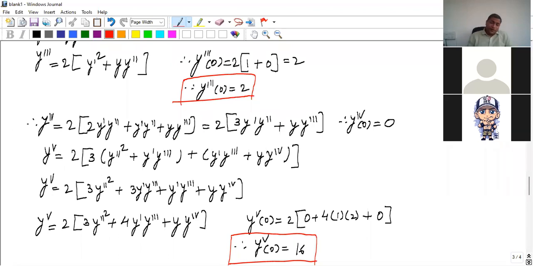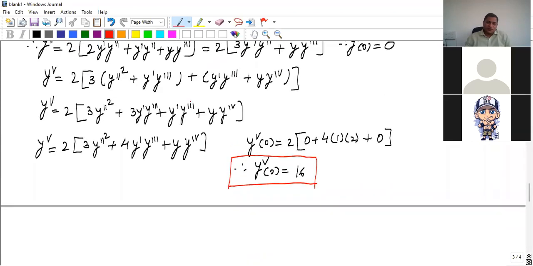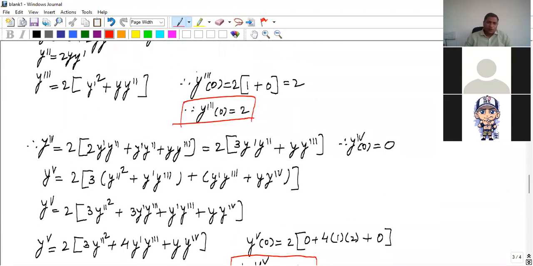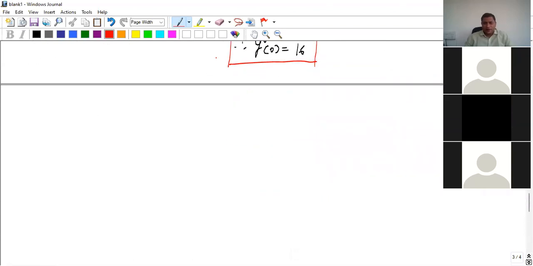Okay, so can we write the Maclaurin series? Yes, because we have 3 non-zero terms definitely, so we can write the Maclaurin series for the given function.